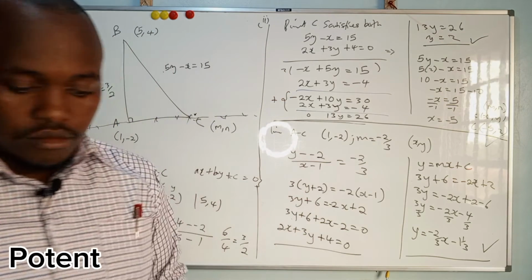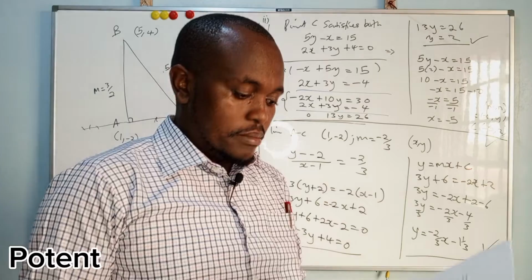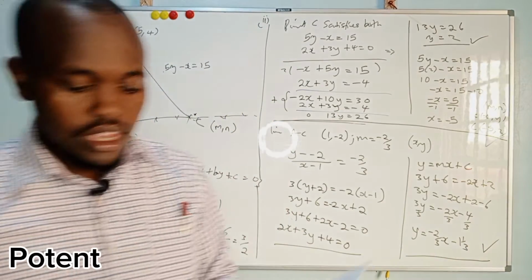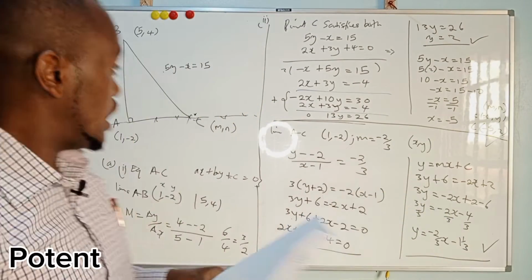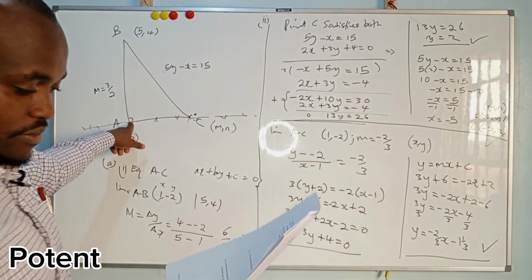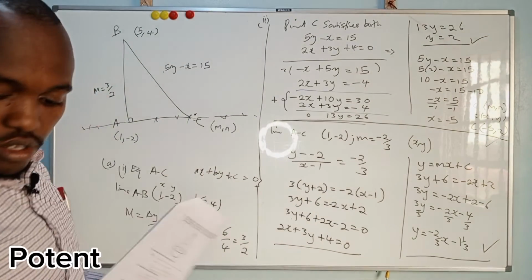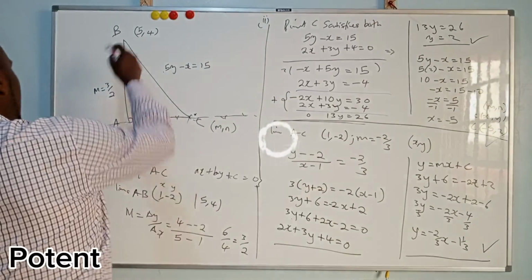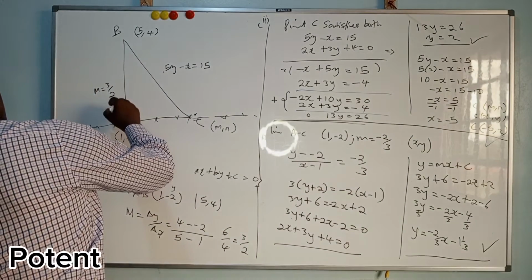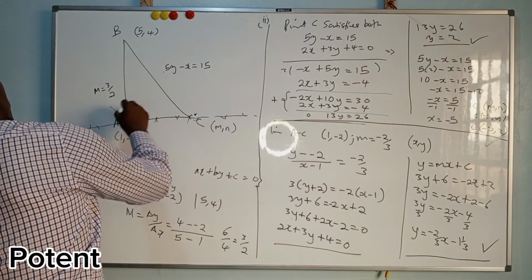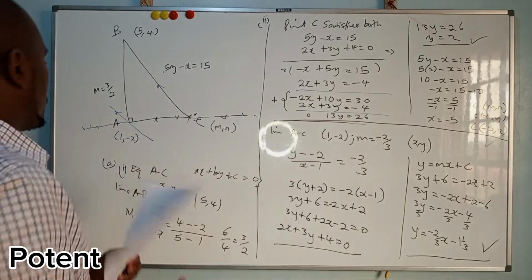Now, the last part: another line passes through point A, and is parallel to BC, parallel to this. So another line parallel to this, like this, passes through point A.